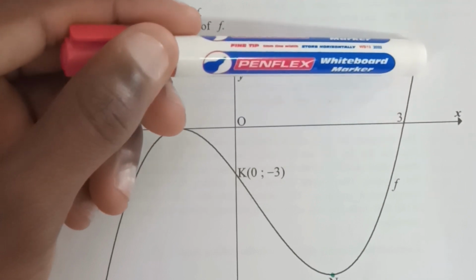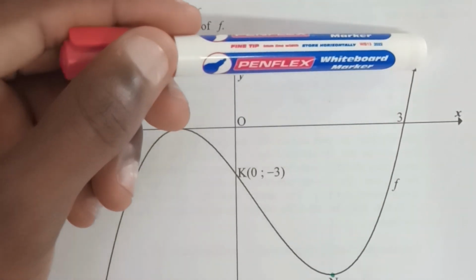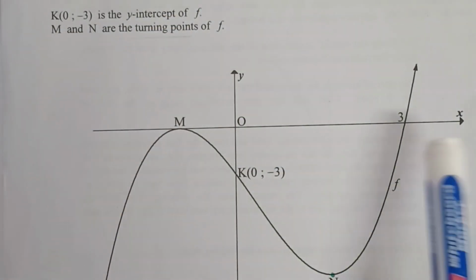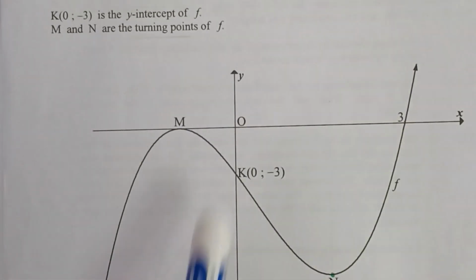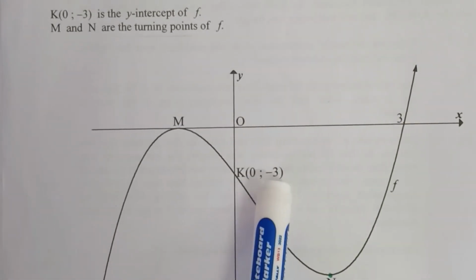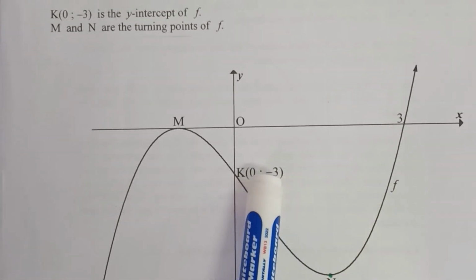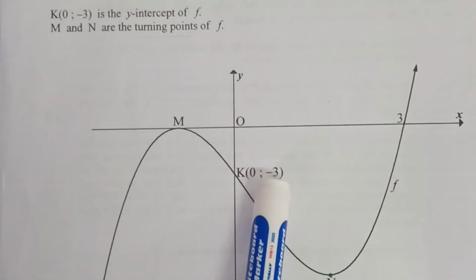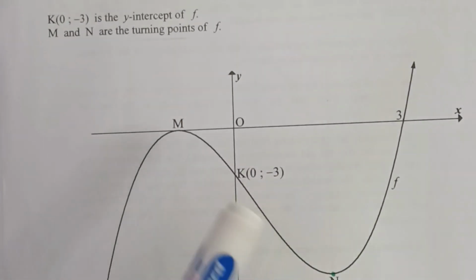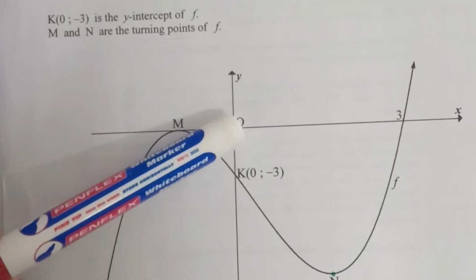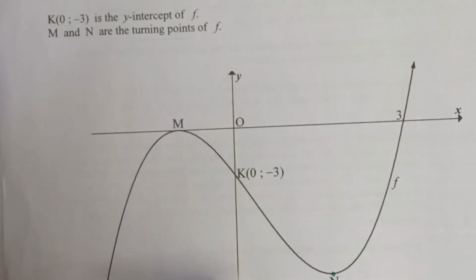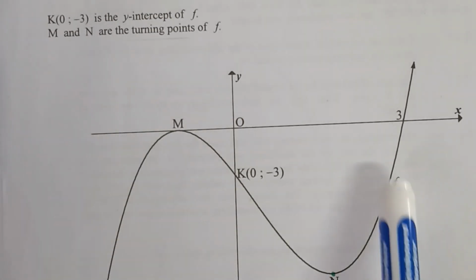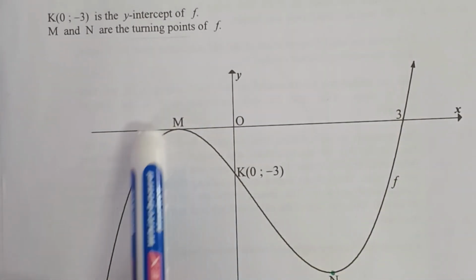It means that our f of x is greater than 0. So when we look here at this point, 0 is to -3, and this is our y value, this negative 3. It means that our values of y here are negative all the way down.